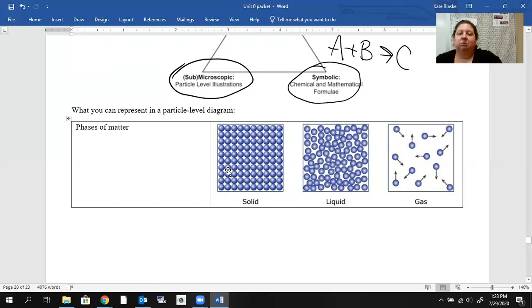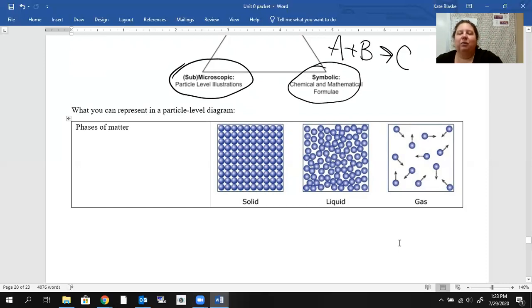They're not going to be moving a whole lot. We might see a little bit of jiggling, but not much. In a liquid, those particles are still going to be packed pretty close together, but we're not going to have that nice orderly pattern. They're going to be a little more jumbled up. In gases, we're going to have a lot of empty space between those particles, and we might even show some arrows to show the movement of those particles, because gas particles move a lot more than liquid and solid particles do.